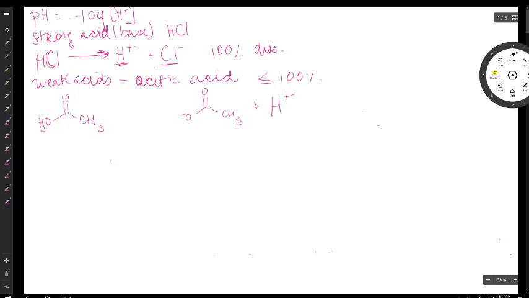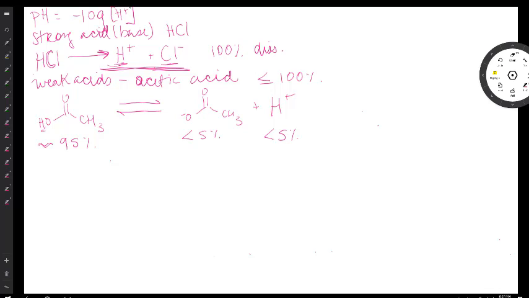But instead of representing this reaction as a forward arrow, we're going to see equilibrium arrows. Because unlike HCl, where we're only going to see the ionic components, with acetic acid we're going to see mostly the acetic acid form and then a little bit of the acetate and proton, so the conjugate base and proton.